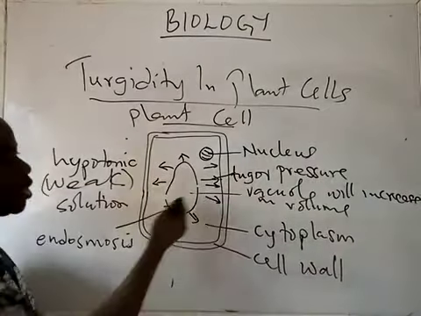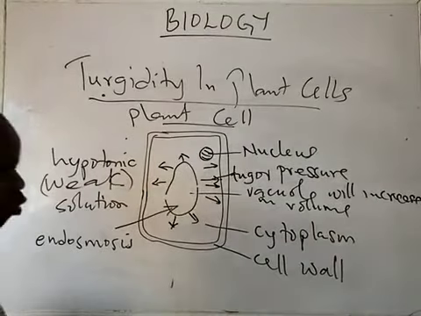And so if a lot of plant cells go through that, it is going to strengthen it. So in other words, it has been known that this turgidity provides support in herbaceous plants. So endosmosis will occur and provide the support.